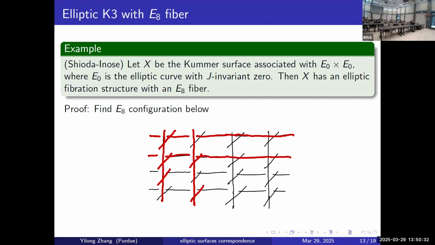And similarly, if you look at the condition on x1, it's going to be a fixed point, and you get the other direction, 4 vertical curves. And the places where they meet are 16 points. That's the total fixed points for both coordinates. And that means that you have A1 singularities. And then what Shioda and Inose do is that you look at this configuration of the vertical curves. You find an E8 configuration here.